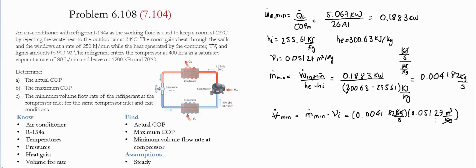Kilogram and kilogram cancel, and we find that this is equal to 0.002144 meter cubed per second, or if we convert it to the units that were originally given, this is equal to 12.9 liters per minute.